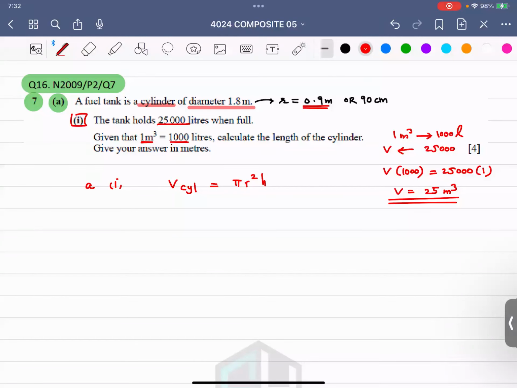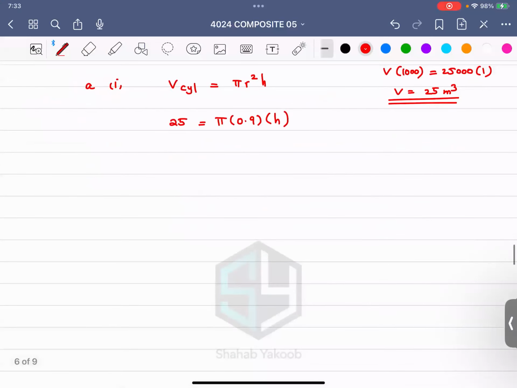That is the volume in the cylinder. So the volume is 25. Pi as it is. R is 0.9. We are working in meters. And into H, so H will automatically come out in meters. So H comes out to be 25 divided by 0.9 into 3.142.